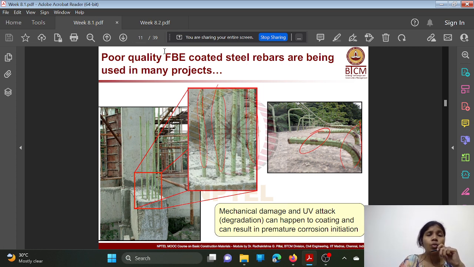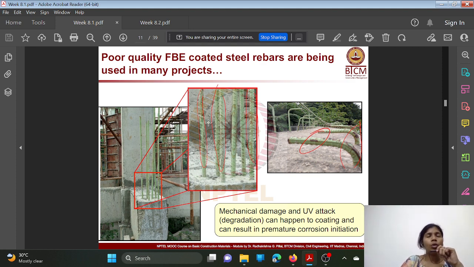See, poor quality FBE coated steel rebars are being used in many projects. In most constructions in our country we won't go for these epoxy coated steel rebars, because the UV exposure will be more, as the temperatures are higher here.